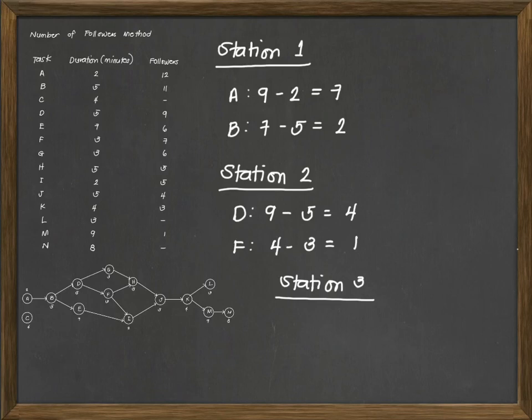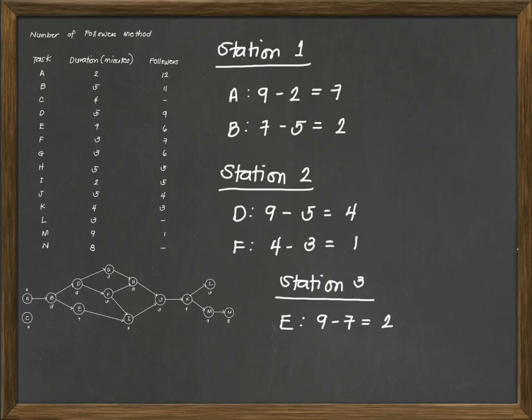Now, si E takes 7 minutes and si G takes 3 minutes. So, 7 minutes yung mas matagal, which is si E. So, we can allocate task E kay station 3. That will be E. And 9 minus 7, that's 2 minutes available time.